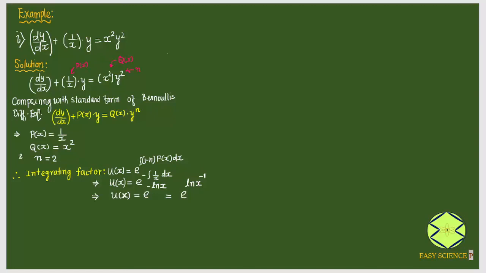By the exponential of logarithmic function, we know that their effects get nullified. So e and ln get nullified, and the integrating factor you will get would be x raised to minus 1 or 1 over x.